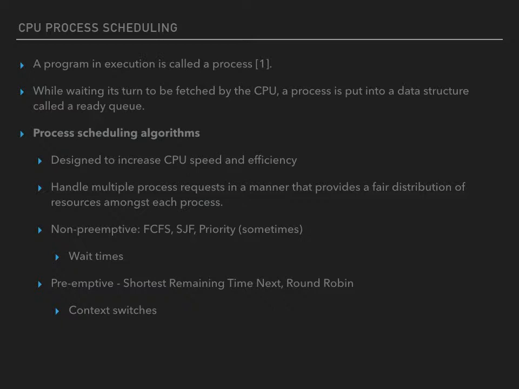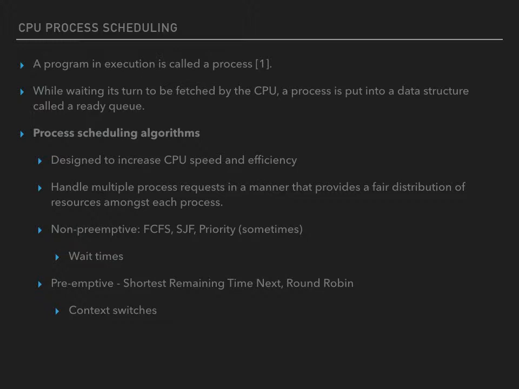Some examples of non-preemptive are first come, first serve, shortest job first, and priority. Priority-based algorithms can either be preemptive or non-preemptive. Some examples of preemptive algorithms are shortest remaining time next and round robin.